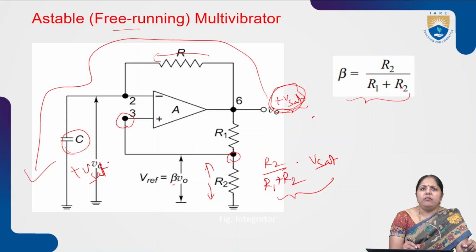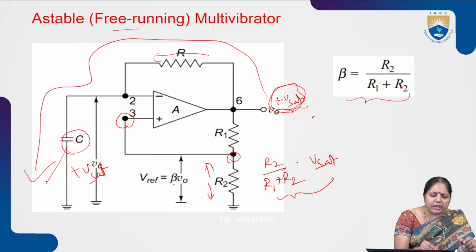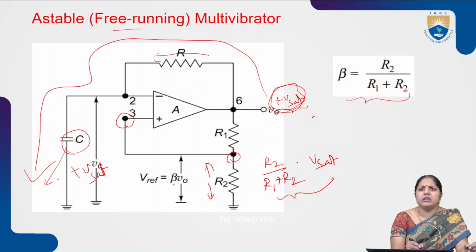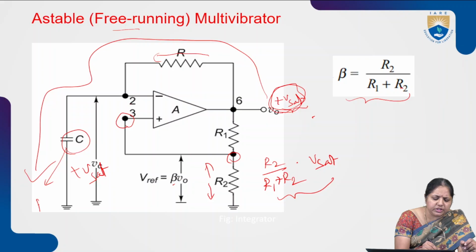But when the voltage across the capacitor just reaches above R2 by R1 plus R2 into Vsat, what will happen?